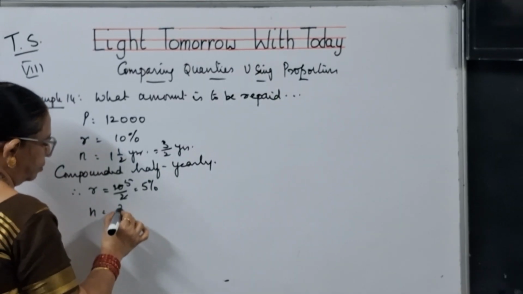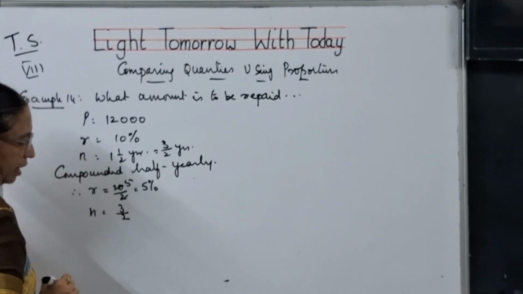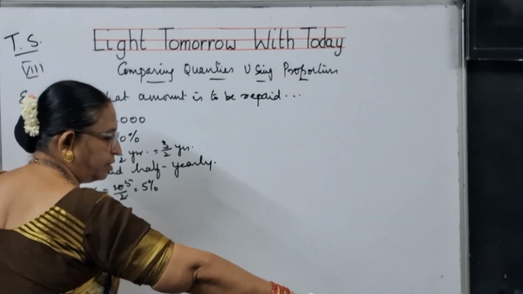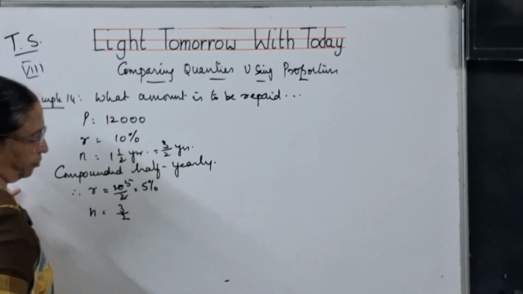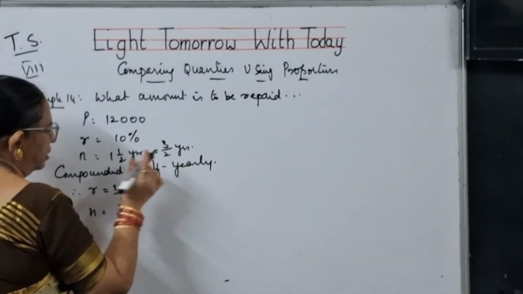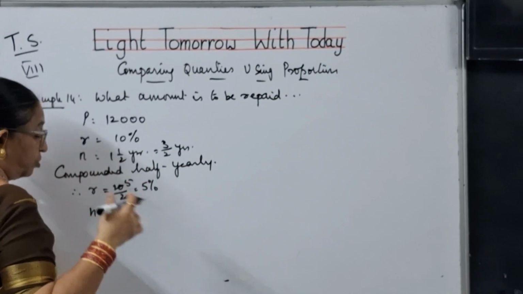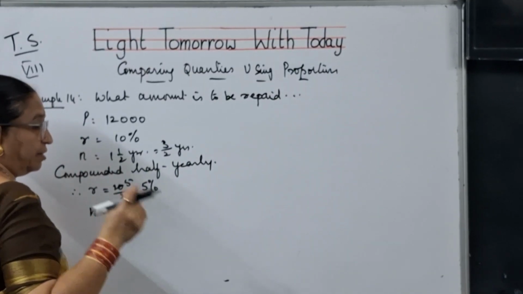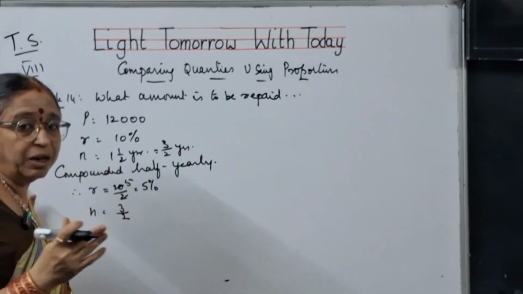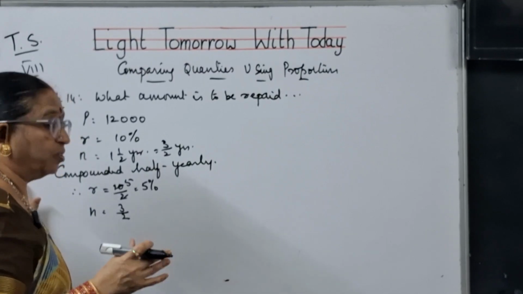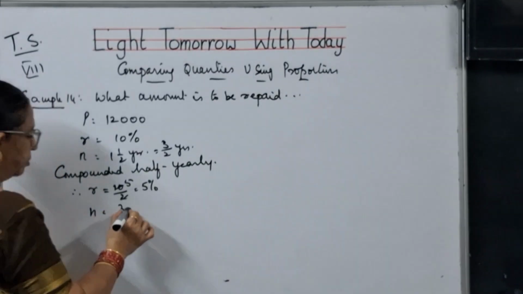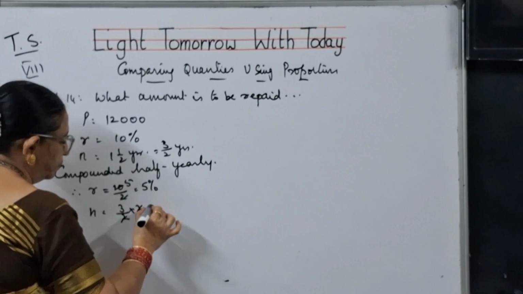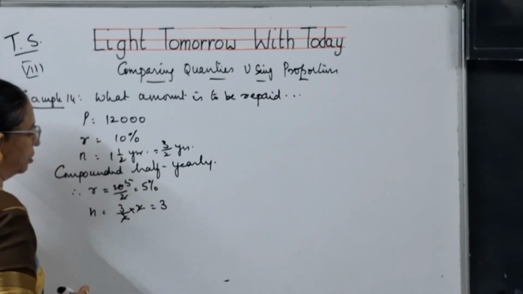N is equal to 3 by 2, and it is compounded half yearly. Half yearly means what, children? N becomes double, because in 1 year, 2 times they are taking the interest. So 2 times means this should be multiplied by 2. So N is equal to 3.